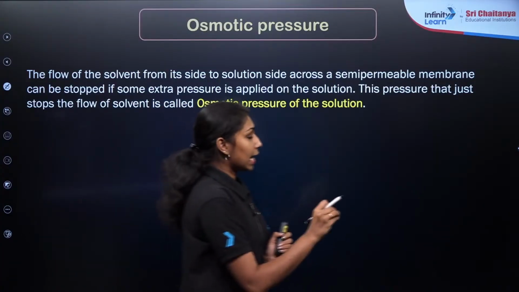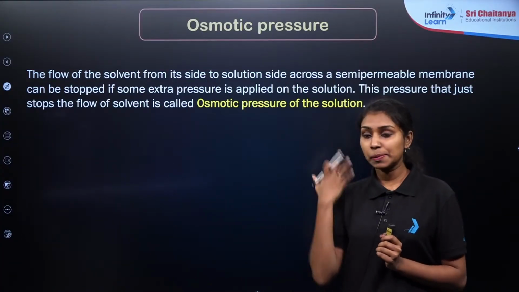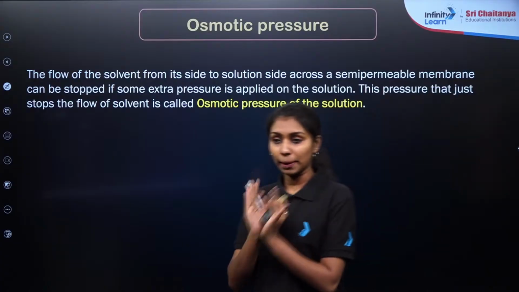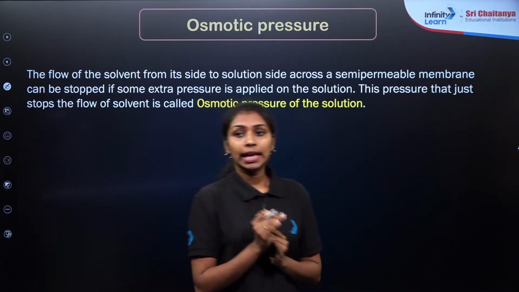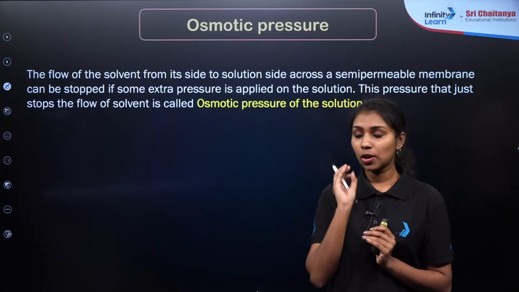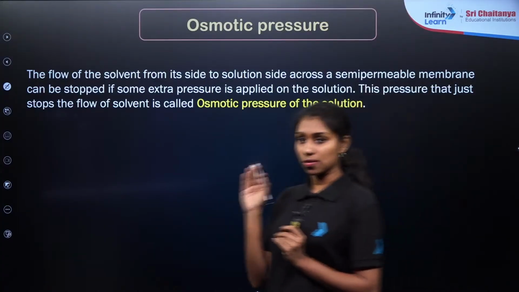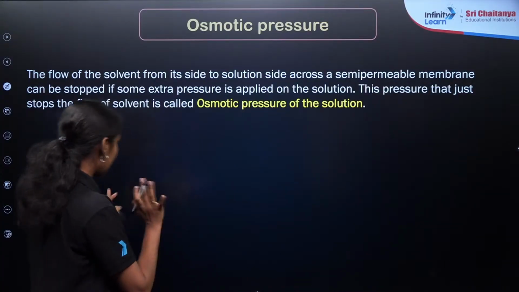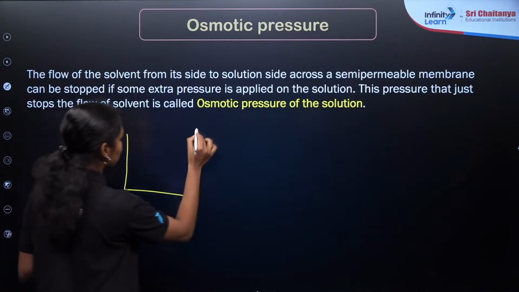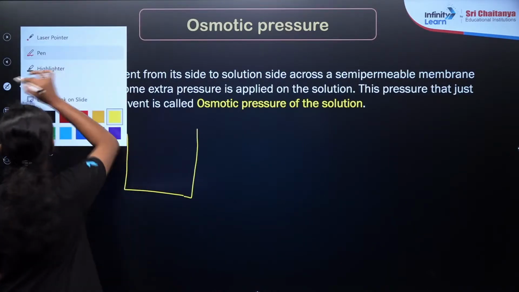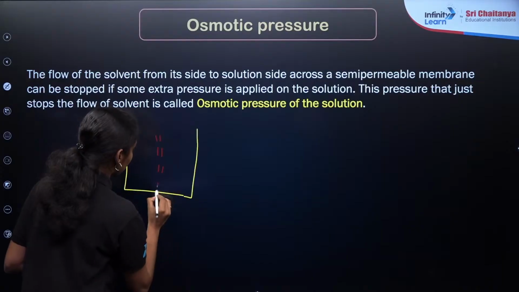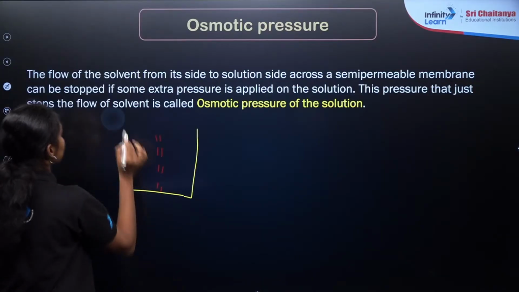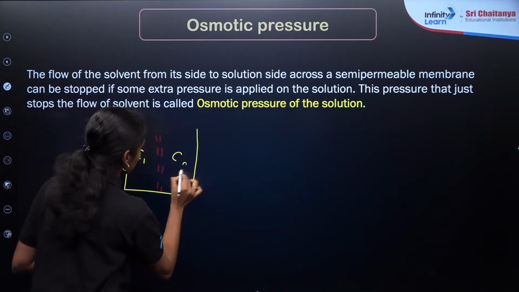In a similar case, if you are applying an excess pressure to the solution side, what will happen? It will stop the osmosis process. For example, take the same case here: semi-permeable membrane, C1 versus C2, right?